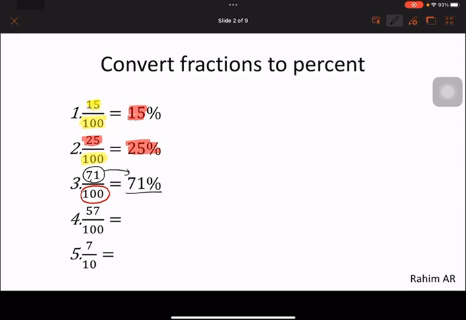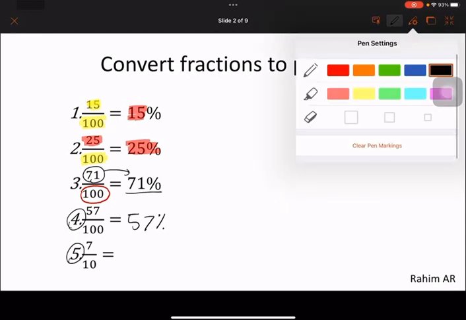Now you guys try to guess the answer for question number 4. If you got 57%, then congratulations, you are right. But look at question number 5.